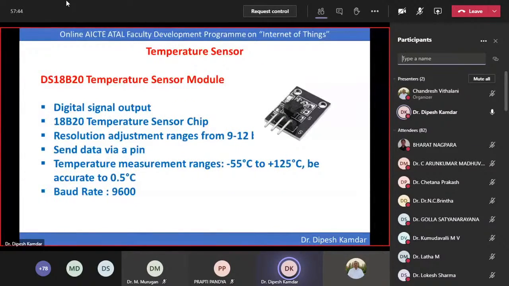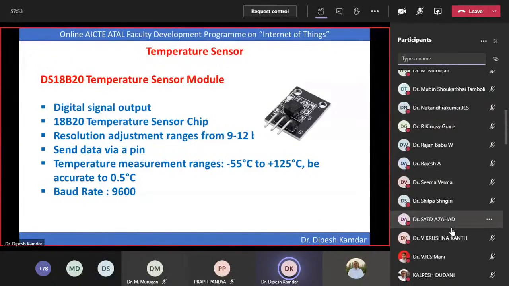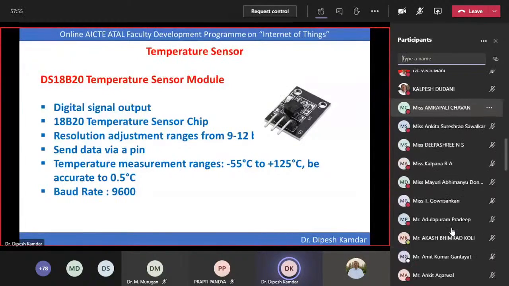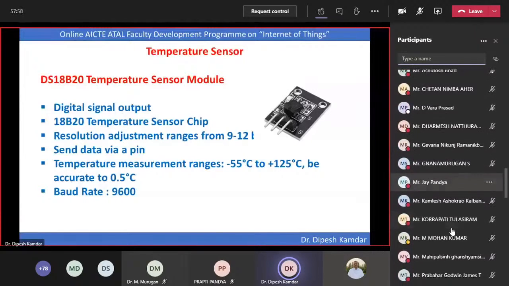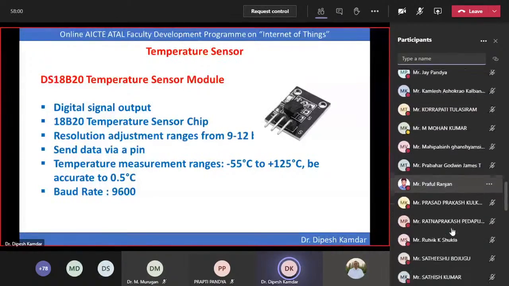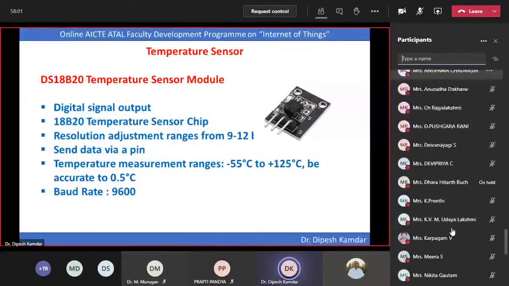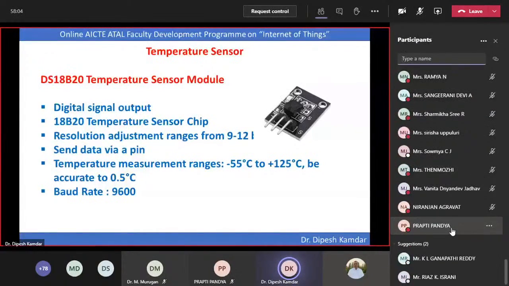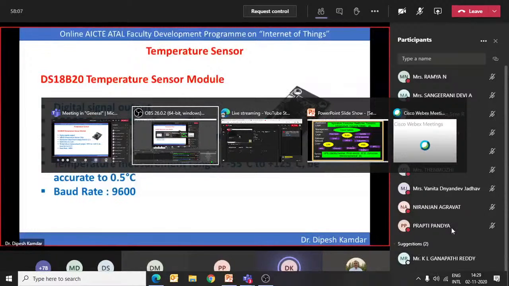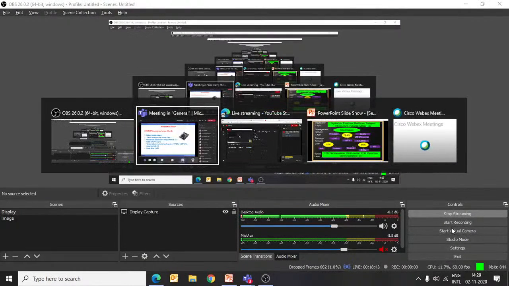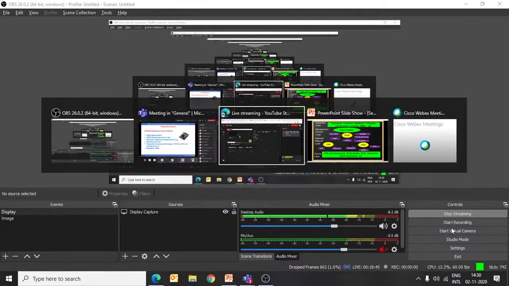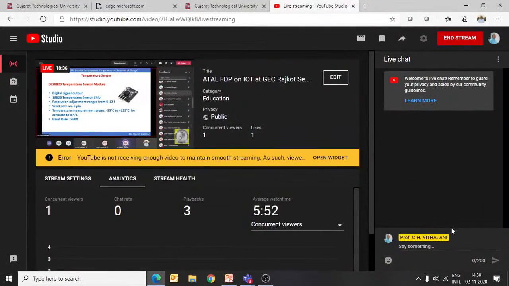On the other hand, if I have a digital temperature sensor, which directly gives me the temperature readings, digital sensors like the DS18B20 are a temperature sensor module directly available. It gives me the digital output on the terminal. It's basically a predefined one-wire protocol using a baud rate of 9600.